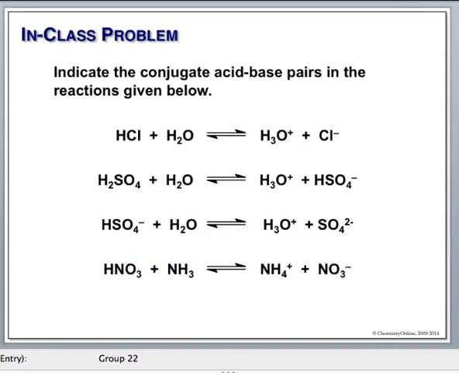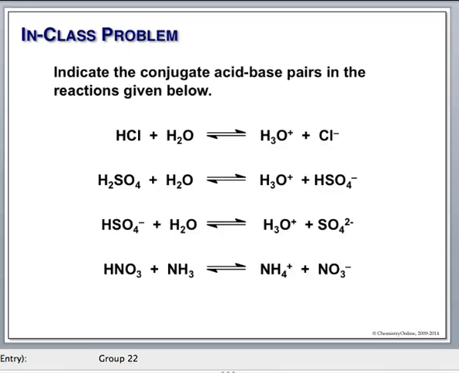For our last reaction here, this is liquid ammonia. Turns out that liquid ammonia shares many of the properties of water. It's kind of a poor man's water, if you will, except it's very cold. It can support ionization, but not nearly as well as water can.